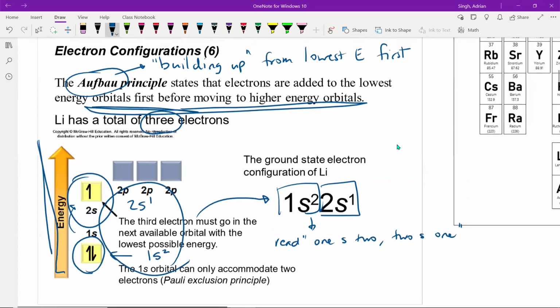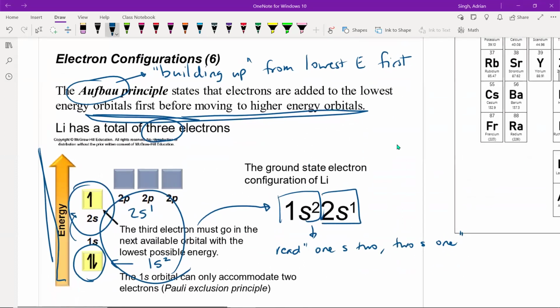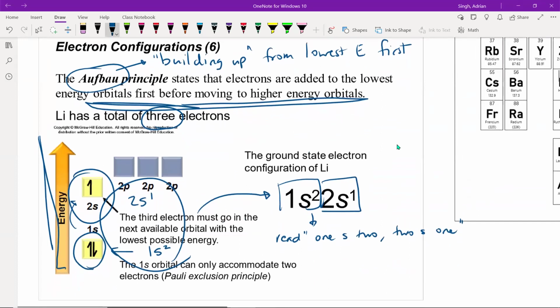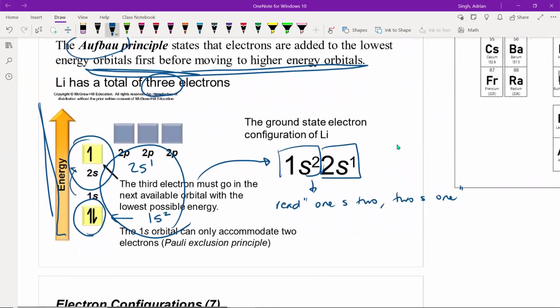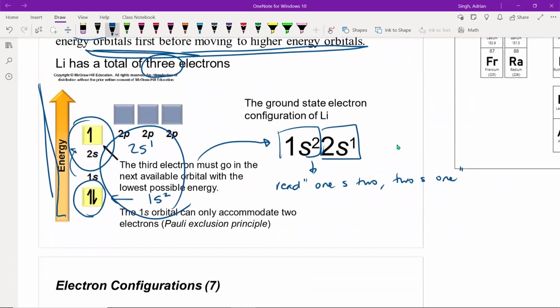So Aufbau, building up. We fill the lowest energy orbitals first, then we put any remaining electrons into the next energy orbital, and so on, until we've accounted for all of the electrons. And remember, every orbital can only accommodate a maximum of 2 electrons.